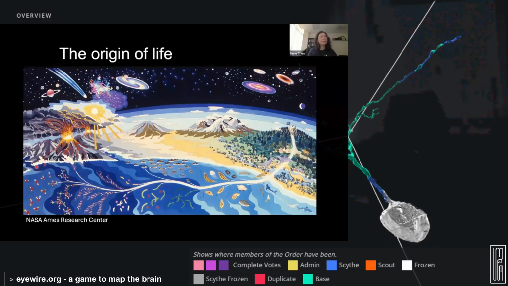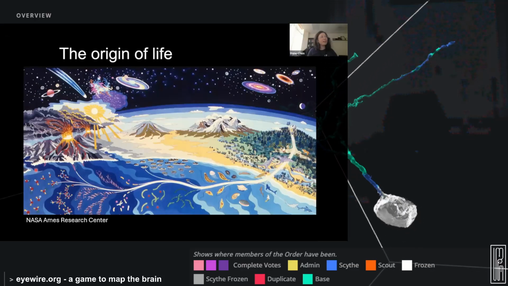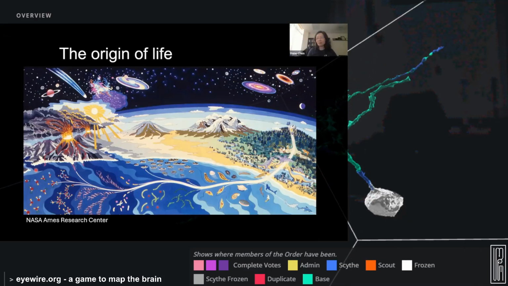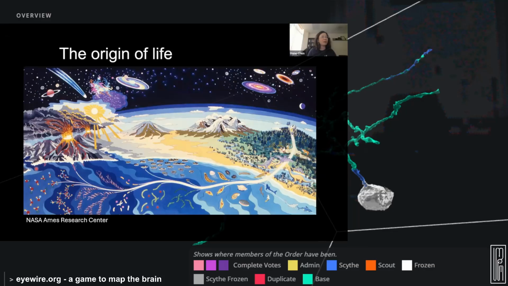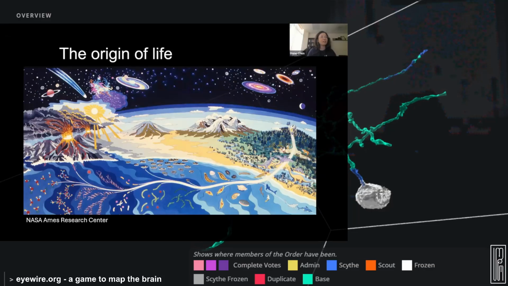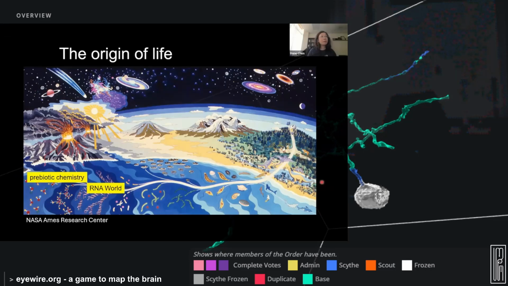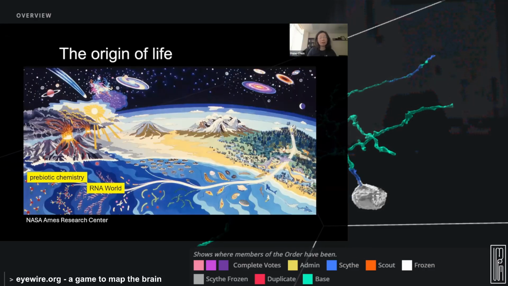This is a mural from NASA, I think at the Ames Research Center, and they're trying to capture all the important events and transitions that together formed the origin of life, going from molecules and prebiotic chemistry to an RNA world to the simplest cells, and on to the pinnacle of humanity, which is astronomers, apparently. So what I'll talk about is this RNA world area of the diagram.